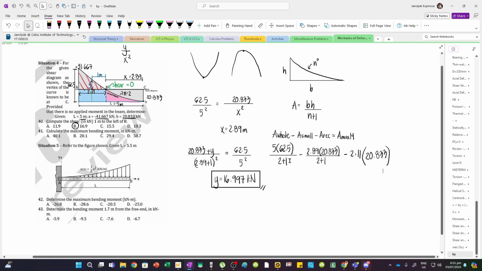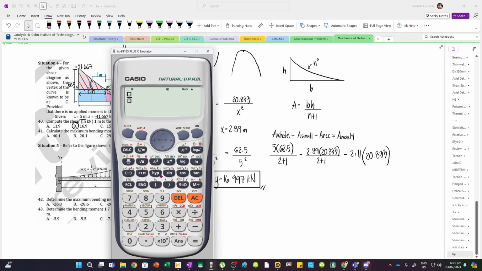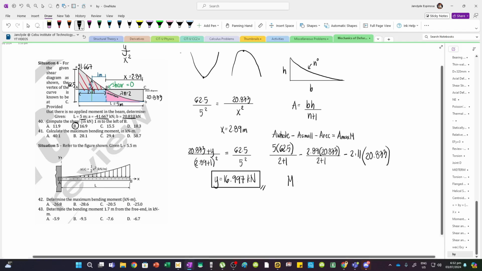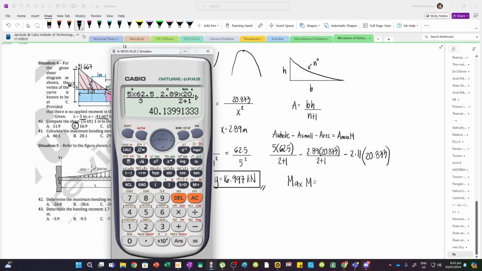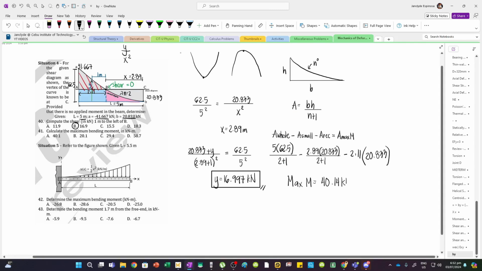And so solving this, we have 5 times 62.5 over 3 minus 2.89 times 20.833 over 2 plus 1, and then minus 2.11 times 20.833. So we have 40.14. So the maximum moment is 40.14 kNm. So our answer is letter A.